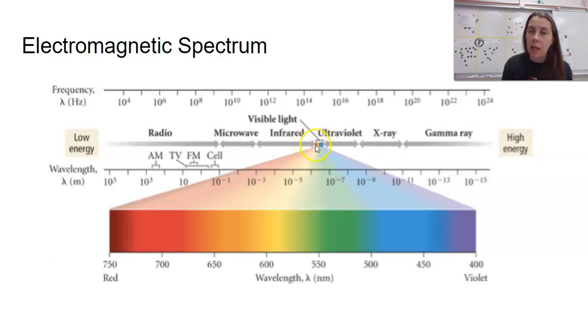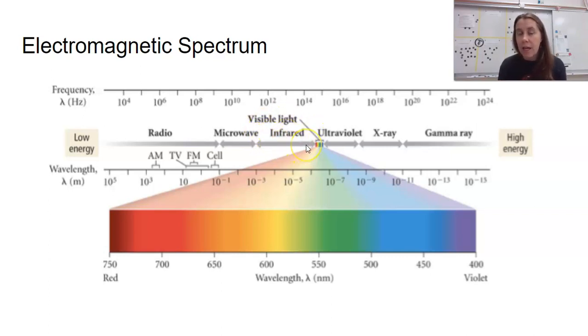On the other side, the red is the lowest energy visible light that we can see, and infrared, which we can use for heating food or for heat vision to find people, because we generate heat. That's infrared.